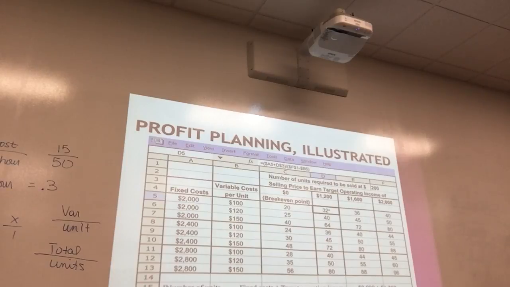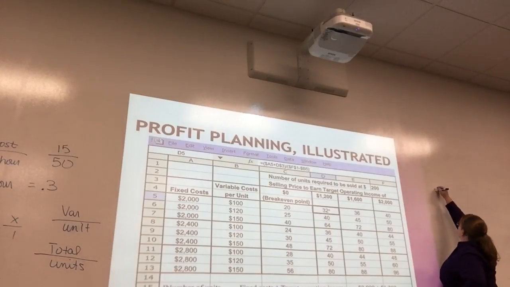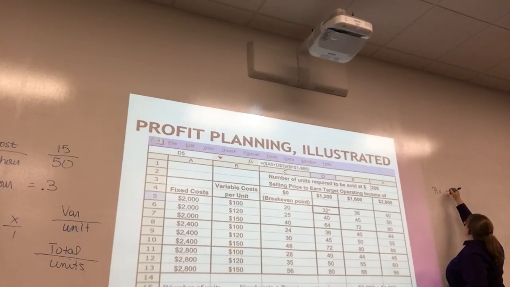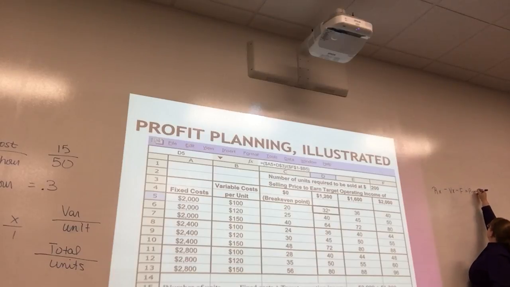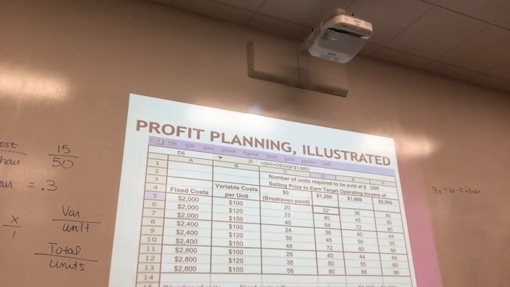All right, so revenues times the number of units minus your variable cost times the number of units minus fixed cost equals profit. Okay? And R is what? Revenue. R equals revenue per unit.